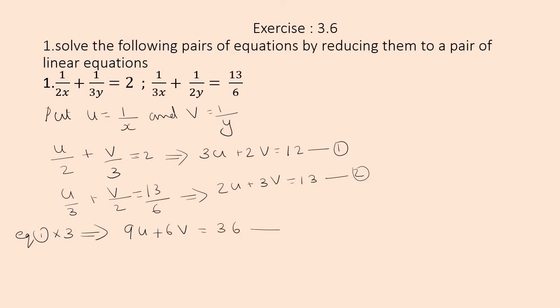Number the equation as 3. Equation 2 is multiplied by the coefficient of v in equation 1, that is 2, so you multiply with 2. So you are getting 4u plus 6v equal to 26.